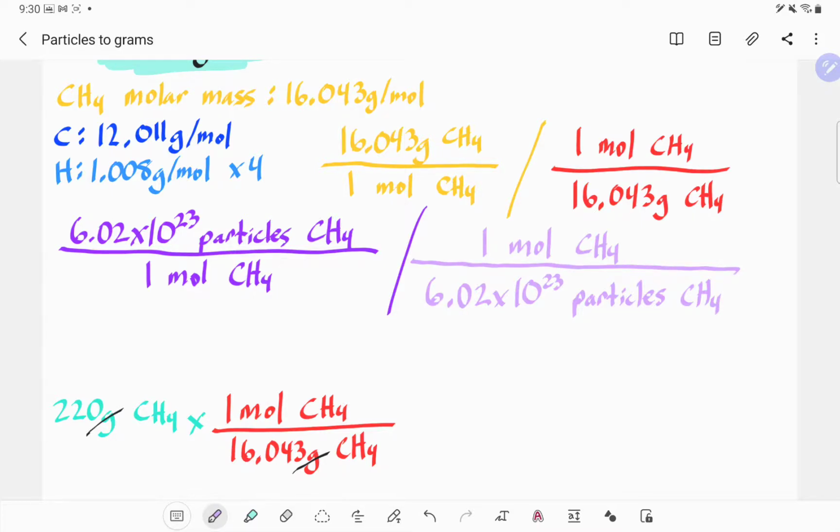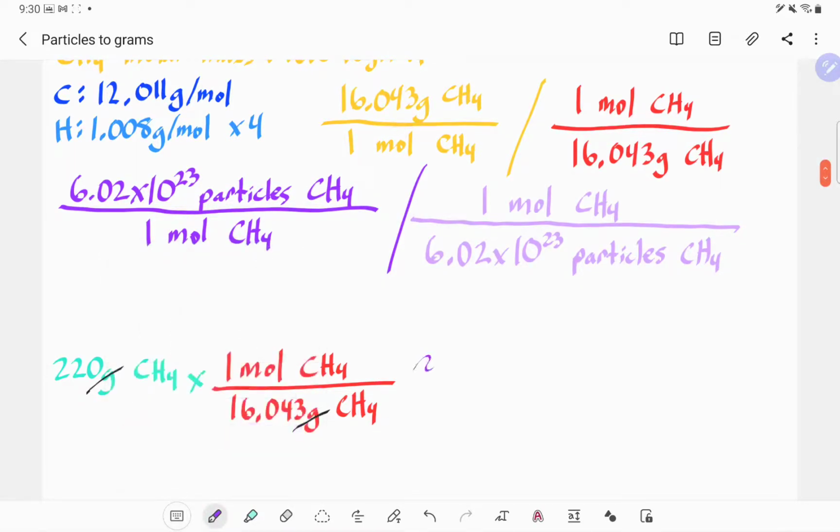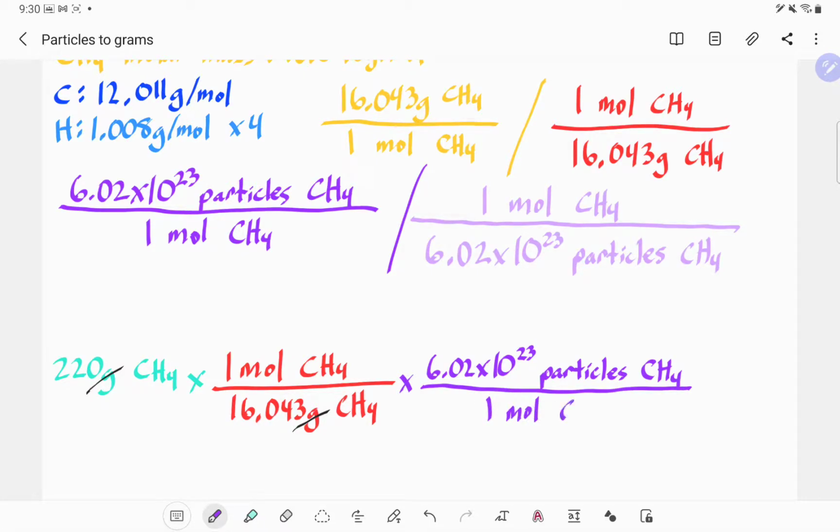We're going to look at these 2 ratios and see which one is going to be more useful in this question. The answer is the one with moles on the bottom, so that we can cancel out the unit of moles that we have in the numerator. So we're going to use this one. We'll write that down: we multiply this times 6.02 times 10 to the 23rd particles of CH4 for every 1 mole of CH4.